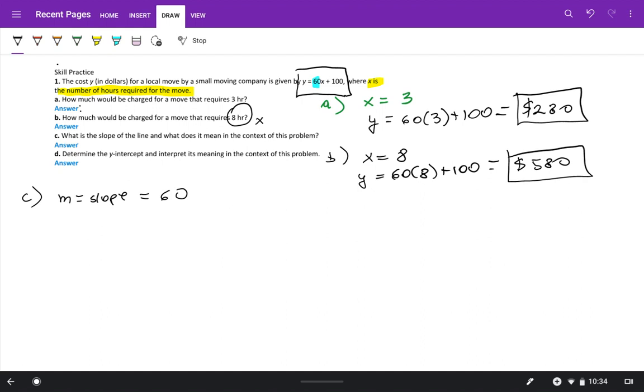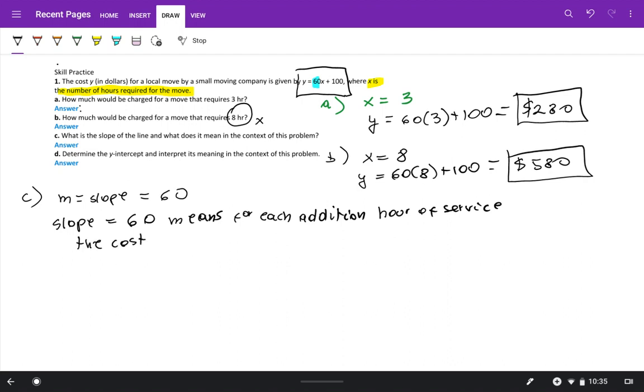So let me just write this down. Slope equals 60 means for each additional hour of service, the cost of the move goes up by $60.